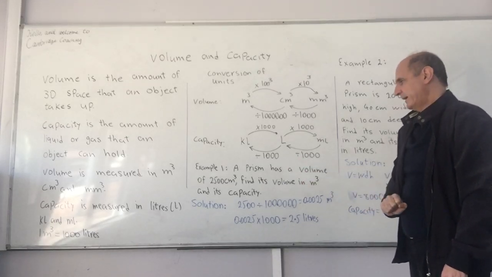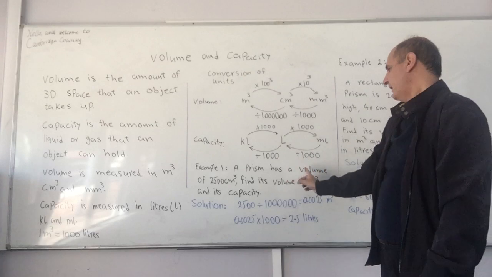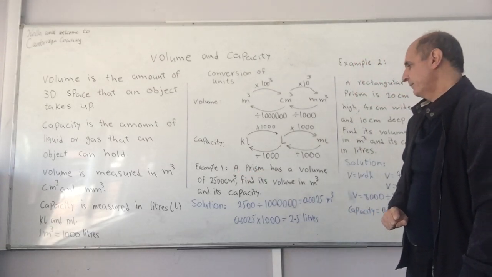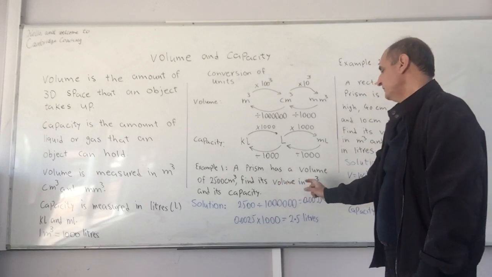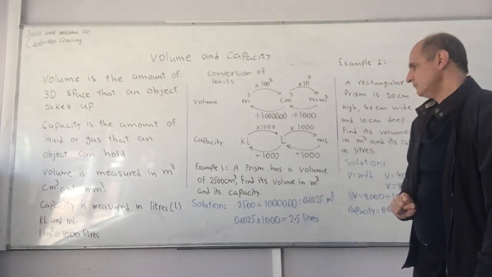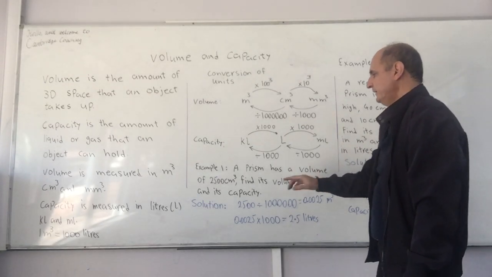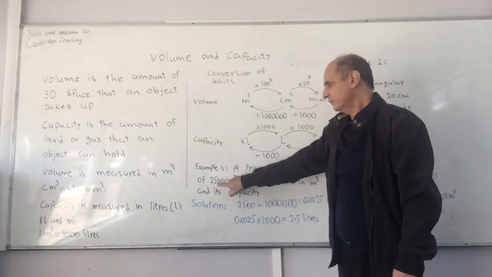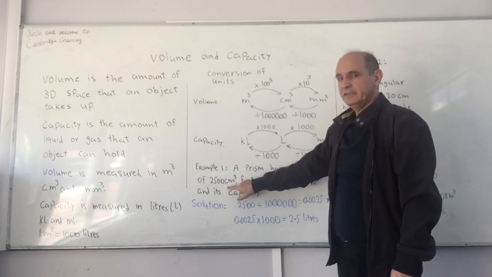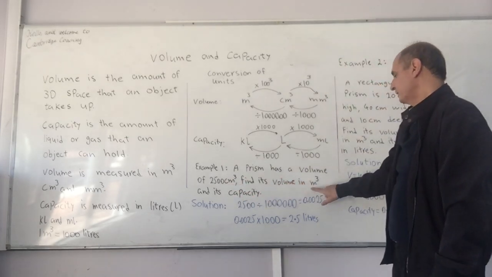Let's look at an example. A prism has a volume of 2,500 cubic centimeters. Find its volume in cubic meters and its capacity. Okay, we have already been given the volume, 2,500 cubic centimeters, but it is in a different unit than what they want from us.